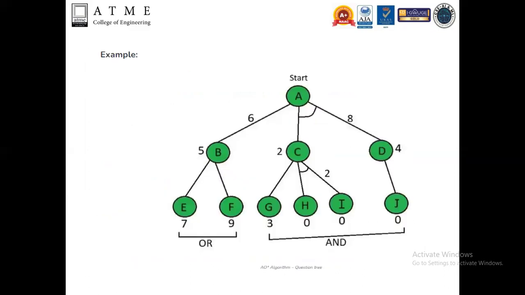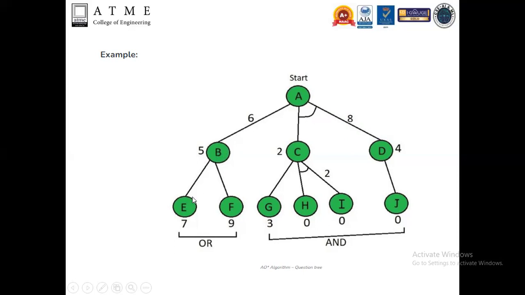Here is the scenario in this particular example, where we are going to find the shortest path from A to J. As you can see, A, B, C, D, E, F, G, H, I, J. These are all the nodes, starting from A and ending with the J node. Here, what exactly we are going to find is the best possible path. As you can see, from A to B there is a cost function associated in order to travel across the network, which consumes a cost of 6.